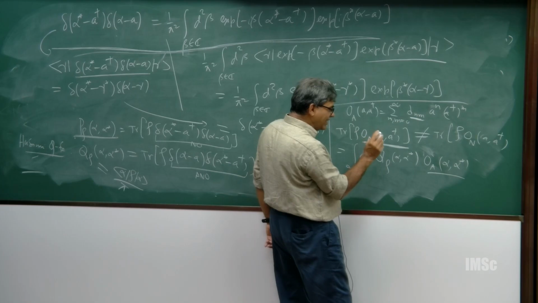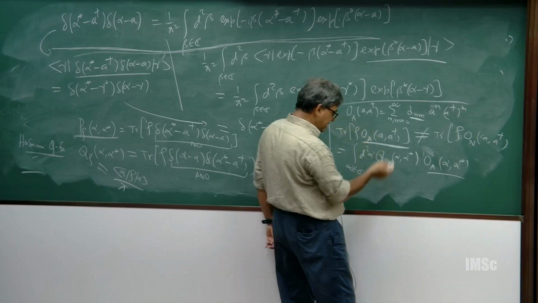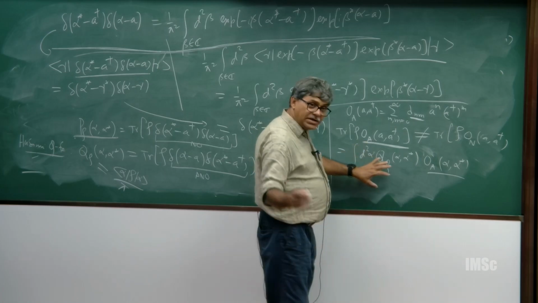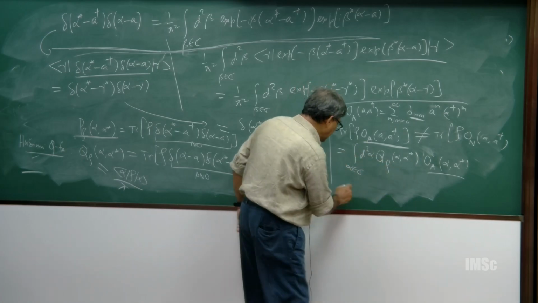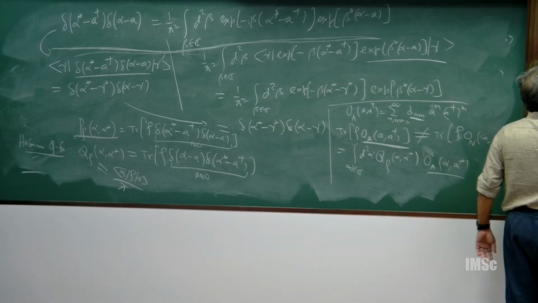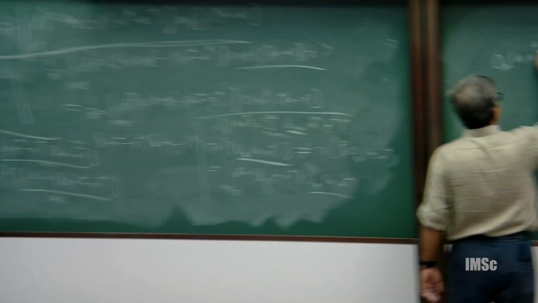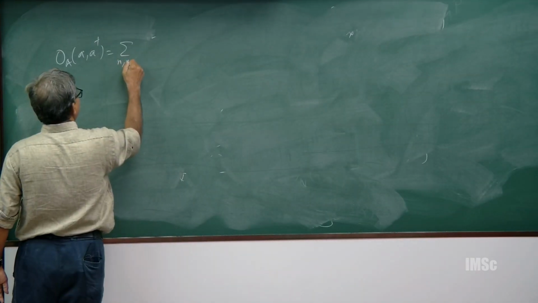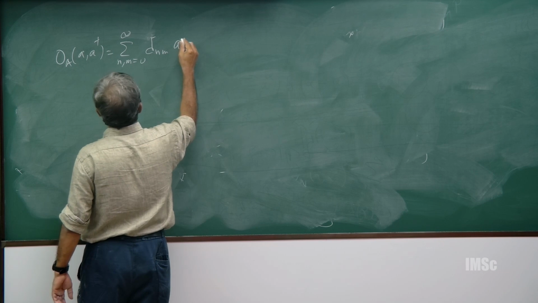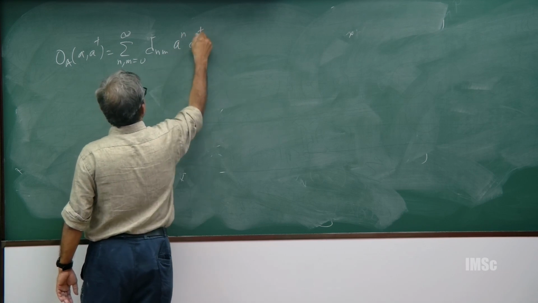But the point is, this is important, as we discussed earlier. Let us say that O of A, A dagger, which is the sum over n and m equal to 0 to infinity of d of n m, A to the power n, A dagger to the power m, right.